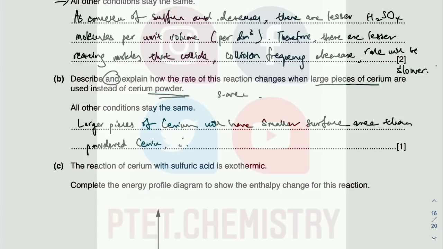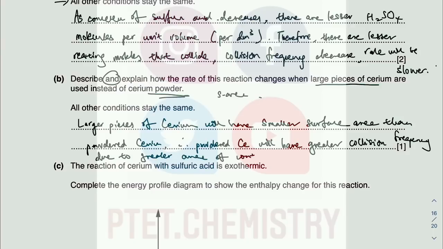Therefore, powdered cerium will have a greater collision frequency, because changing surface area has to do with frequency, due to greater area of contact with reacting particles of the H2SO4, because you are reacting cerium with H2SO4.